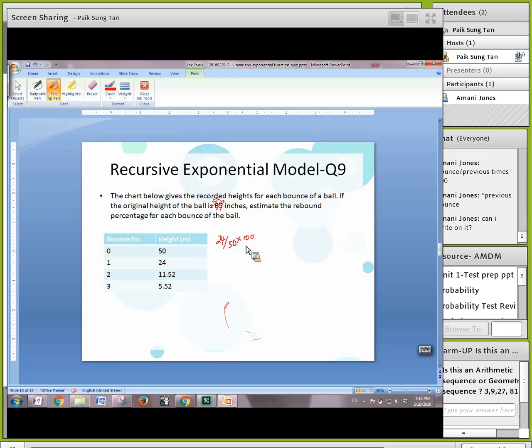Like you do 24 divided by 50 times 100, and you got 1 rebound percentage, right? It should be something like 0.48. You do it for each of these, and then you add them up, and you divide it by how many, like the 3 data that you got.